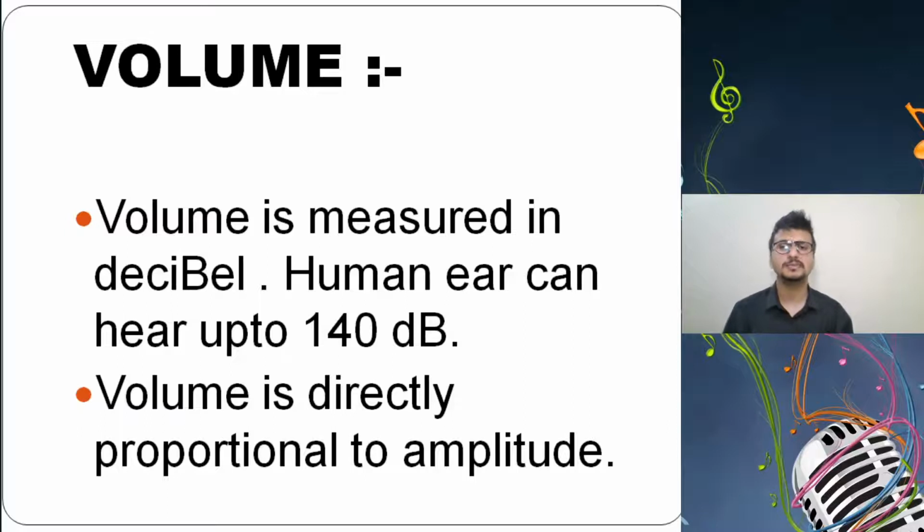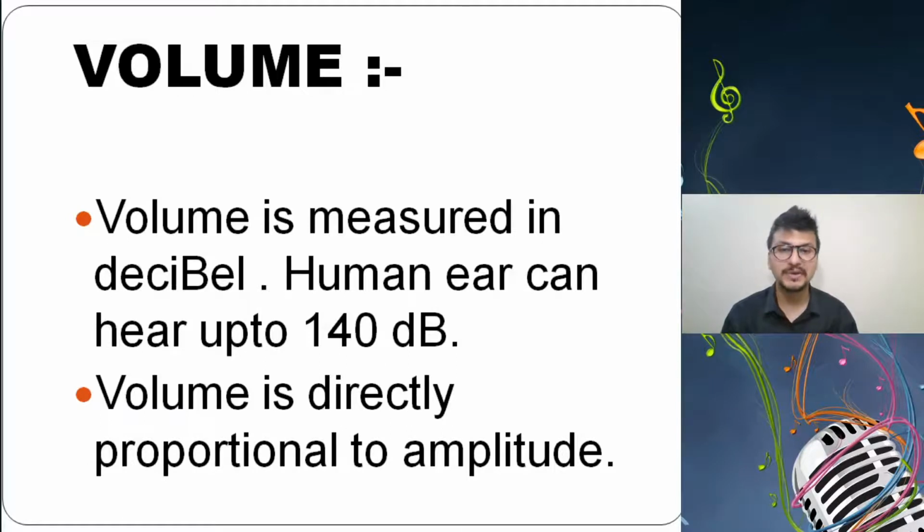Generally, volume is measured in decibels, dB. The human ear can hear up to 140 decibels. That is different from frequency, which we discussed a few slides back, where the human hearing frequency range is 20 to 20,000 hertz. That was a different thing, and this is a different thing.